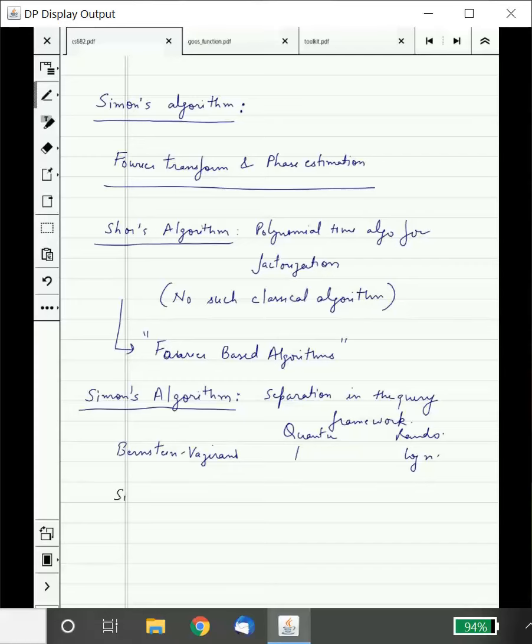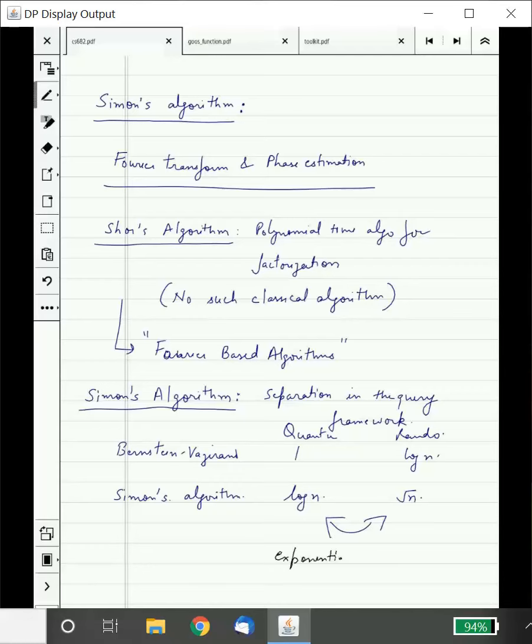On the other hand, for Simon's algorithm, the difference is going to be huge. Quantumly, we will just be able to do it in log n queries, but randomly, it will take at least square root n queries. This would be an exponential separation.